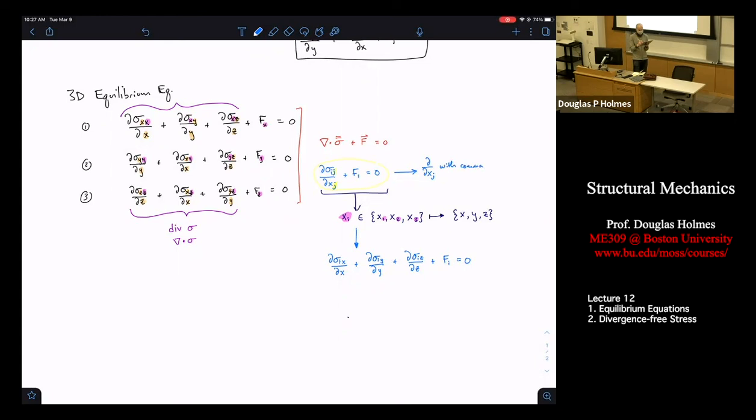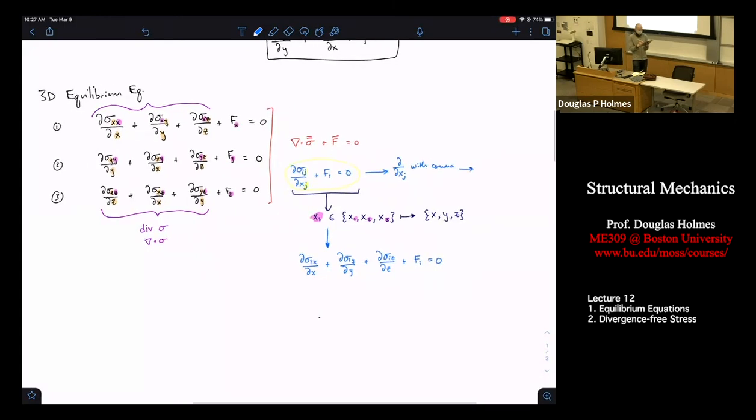So if I haven't annoyed you already, this will surely do it. Oftentimes the way you'll see this equation is sigma_ij comma j plus f_i equals 0. These equations are identical, even though they don't look it, and they are the equilibrium equations of a solid body.